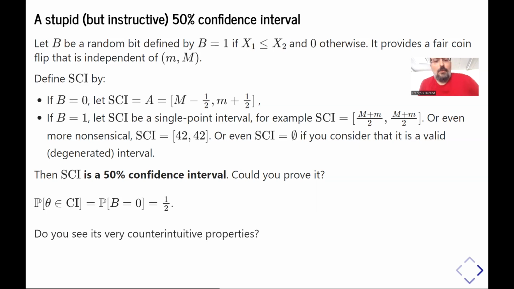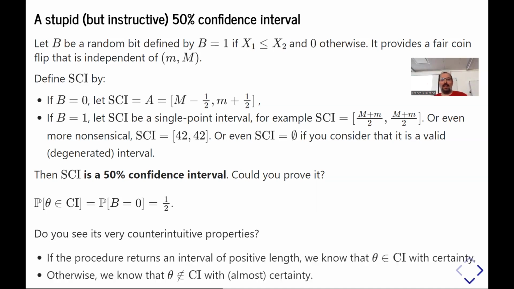So now, are you disturbed by this confidence interval? If not, I worry about you. It's very disturbing because it really shows that a posteriori you shouldn't interpret gamma as a level of confidence in what you've learned.